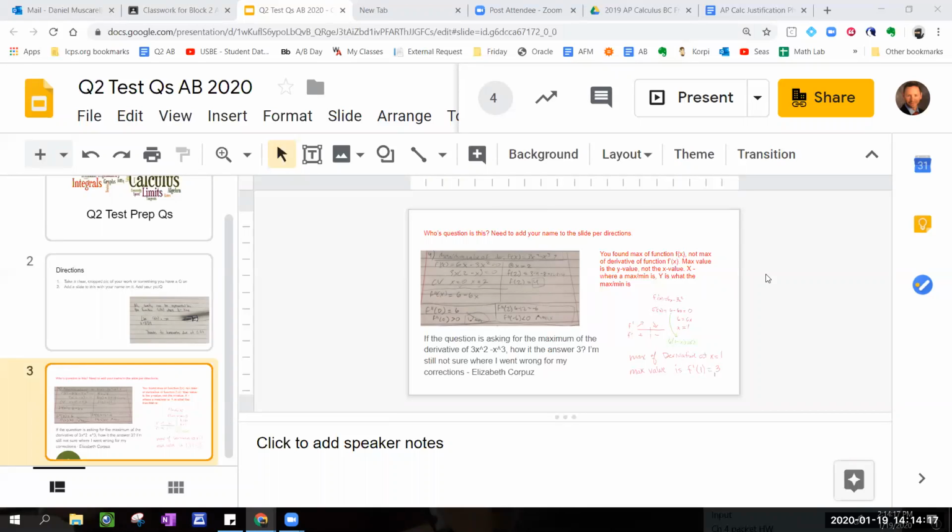Ashley, you got anything? Can we go over EVT? Yes, the EVT, okay. So the extreme value theorem. When you look at EVT, what does it actually ask you for? What is the purpose of the extreme value theorem?